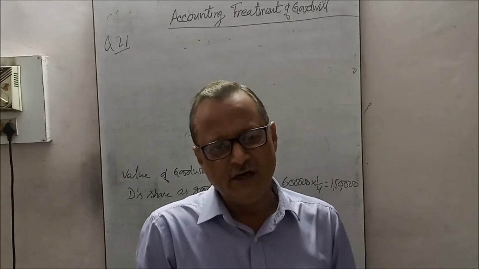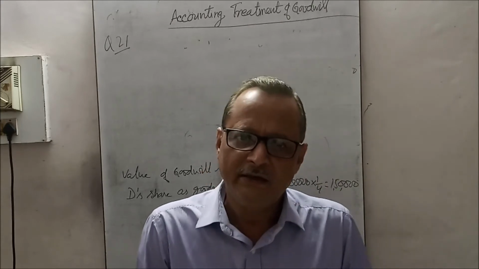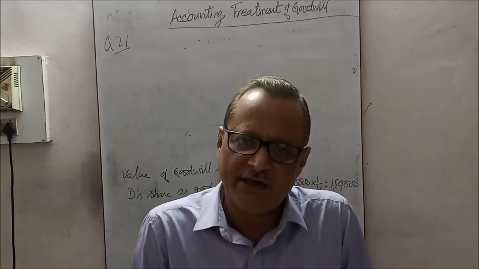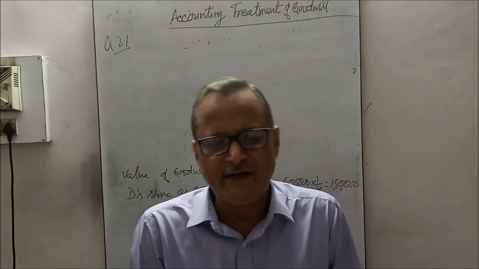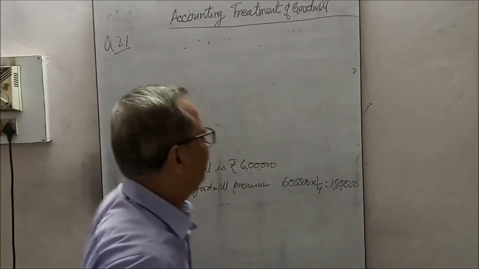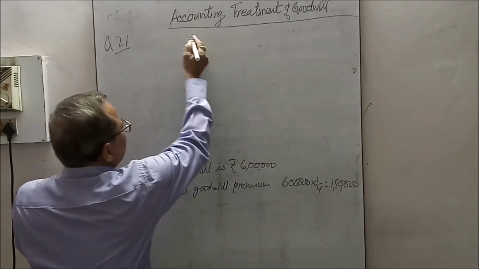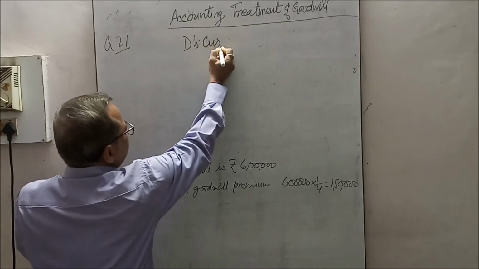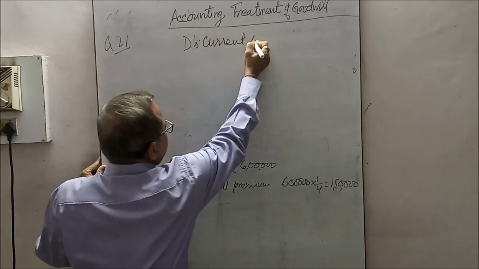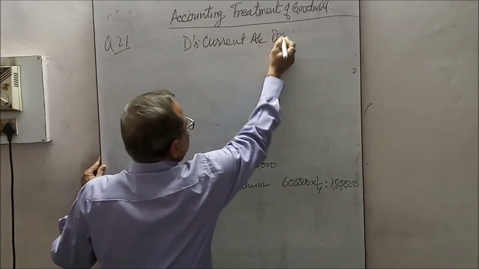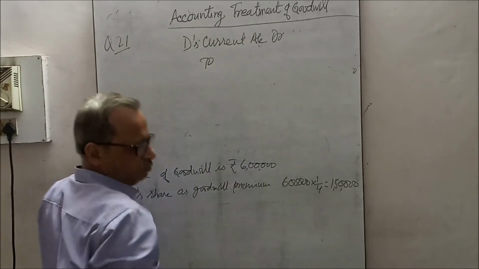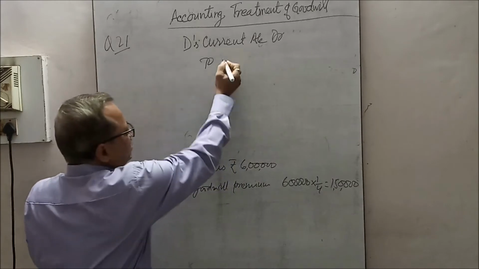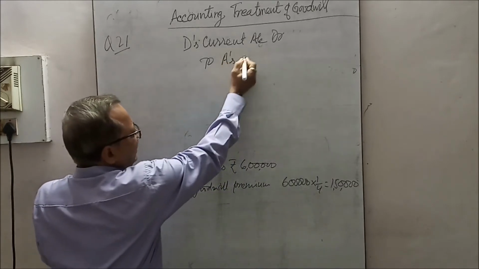If the partner does not bring the goodwill premium in cash for his share, then that should be debited to his current account, and we will pass here the entry: D's current account debit to A's capital account and B's capital account, because C is not sacrificing.